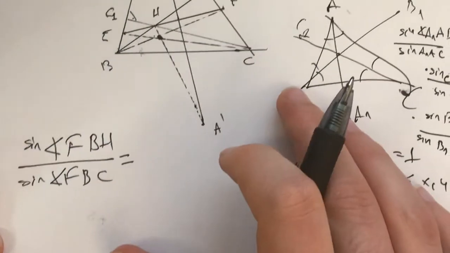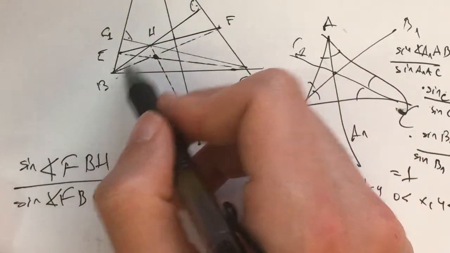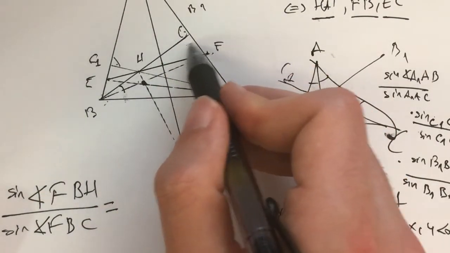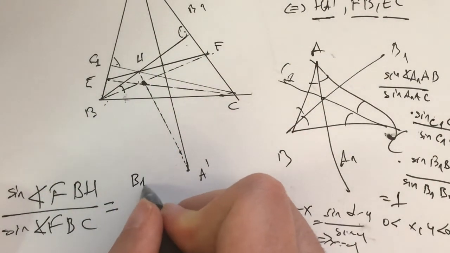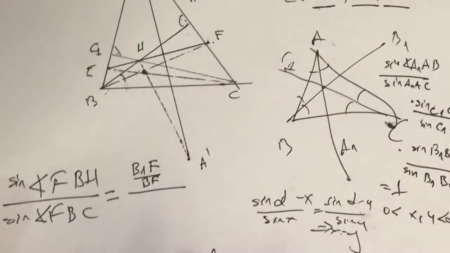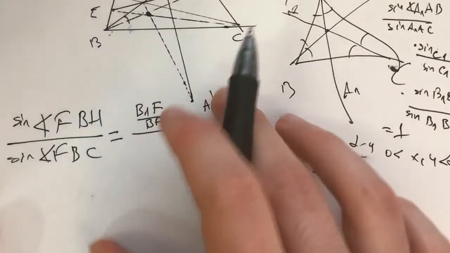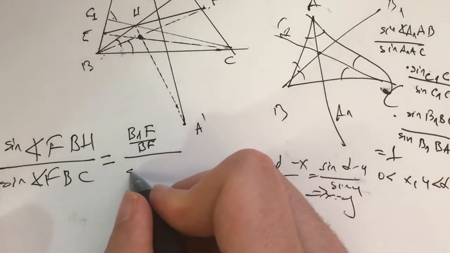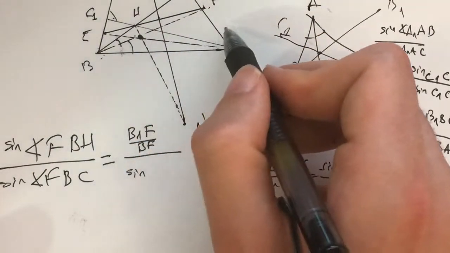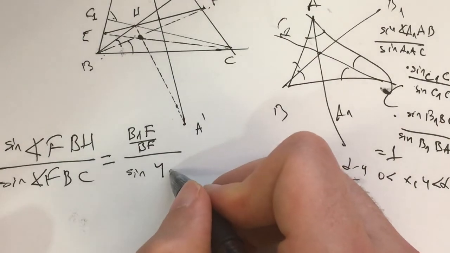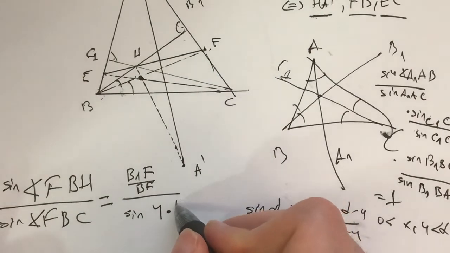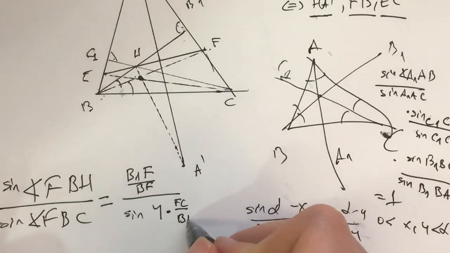And what is this equal to? So we have FBH. This is the same as FBB1, sine of this angle. This is 90, so this is equal to B1F over BF. Let's get BF on both sides and let it cancel out. So sine of FBC is equal to sine of the angle gamma, times FC over BF.